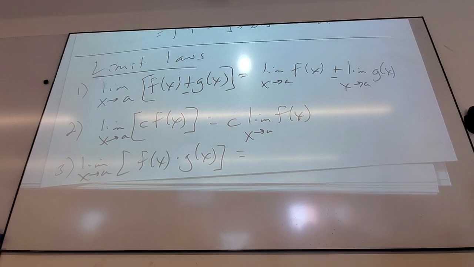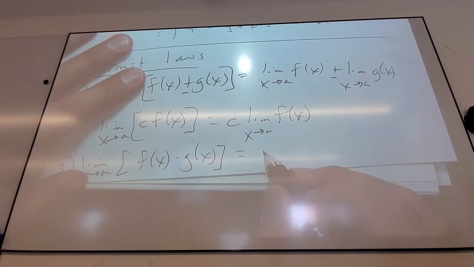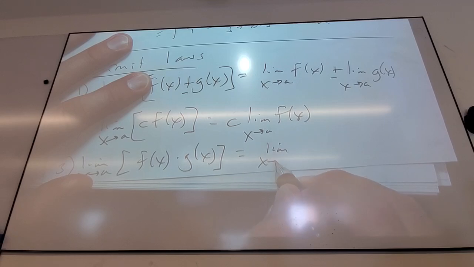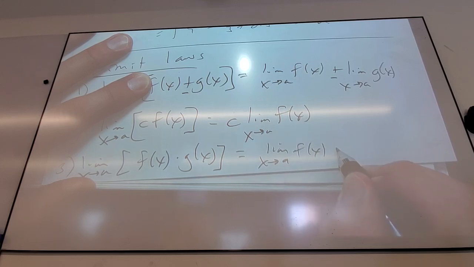So what do you think the limit of f times g is? How can I rewrite that? The limit of f of x times the limit of g.